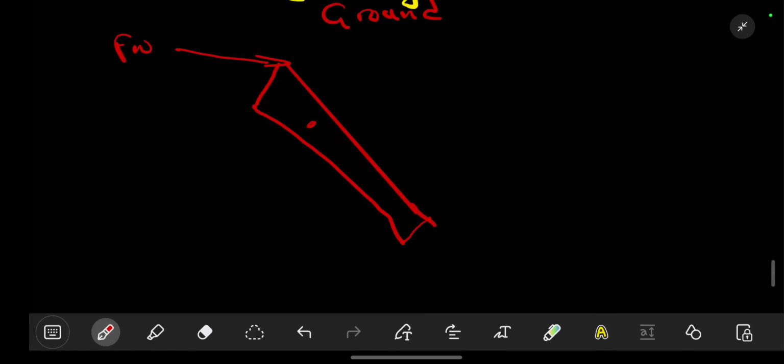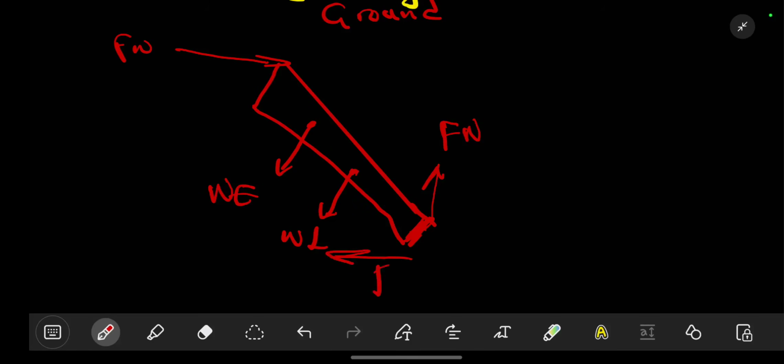We have the downward force, which is the weight of the electrician, another downward force, which is the weight of the ladder. Then we have the normal force. Then we have the force in this direction, which is the frictional force like that. So this is our frictional force.